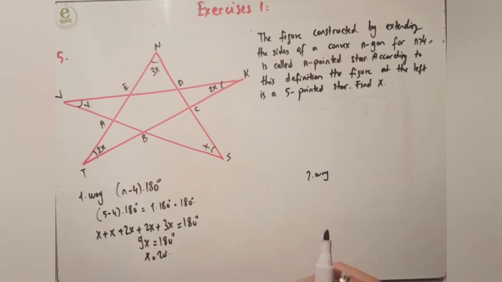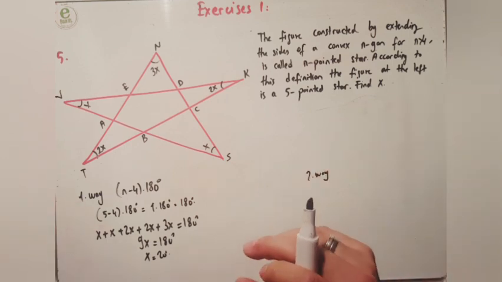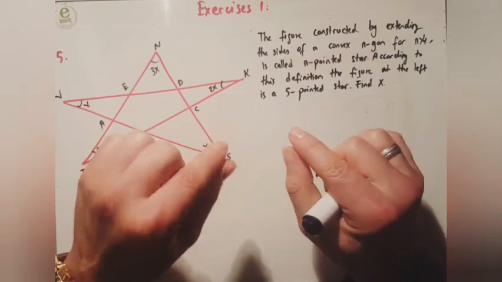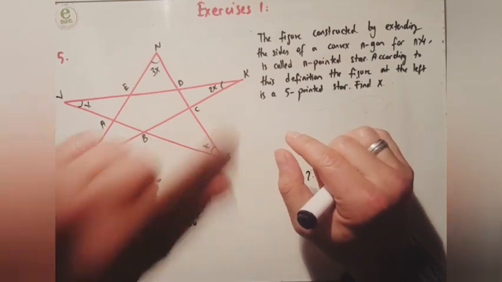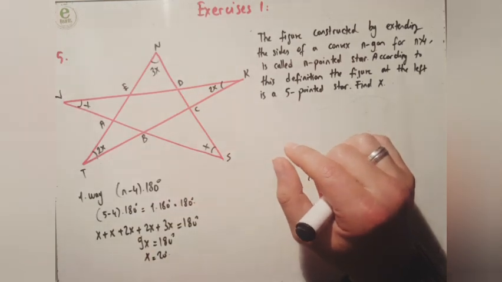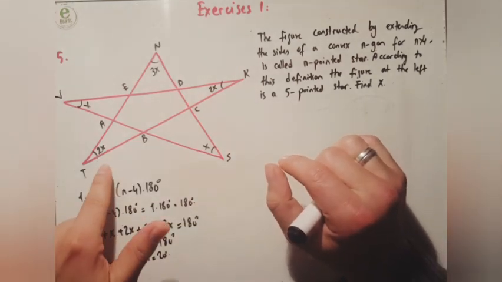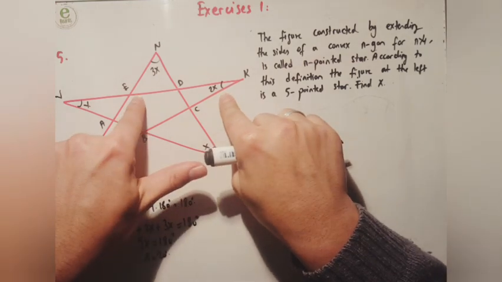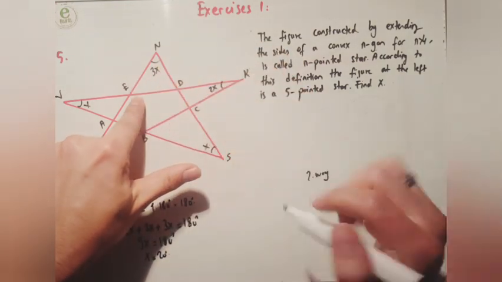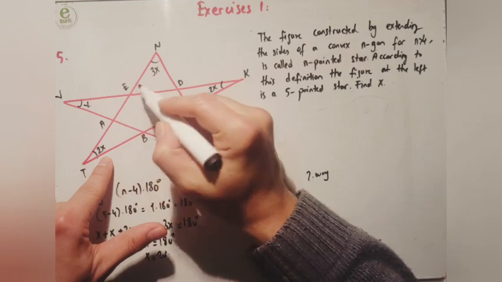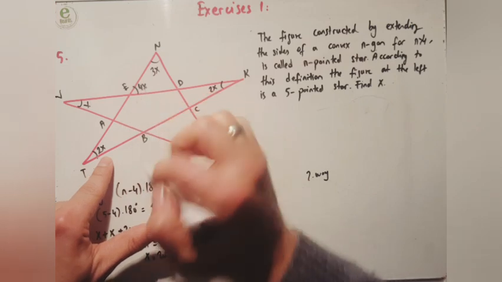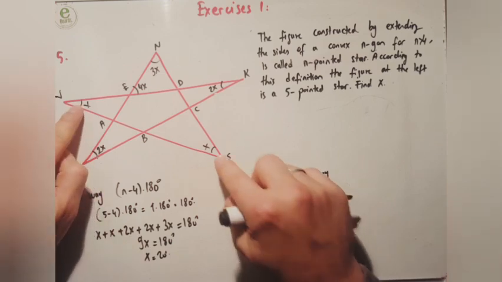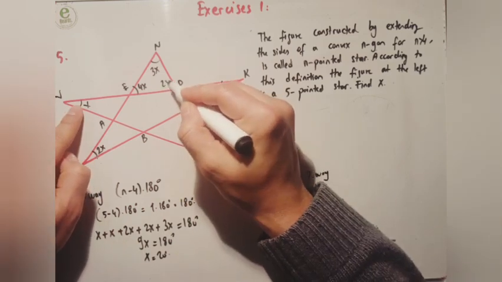The second way is, we know that in a triangle, the sum of two interior measures will give us one remote exterior measure. So we say that the sum of 2x and 2x will give us the measure of angle NED. So it's going to be 4x, 2x plus 2x, and the measure of angle D is x plus x, which is 2x.